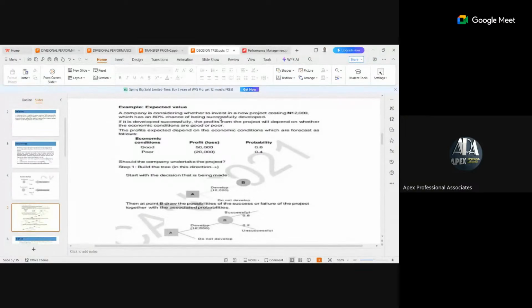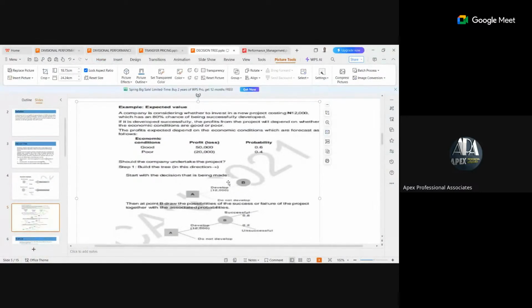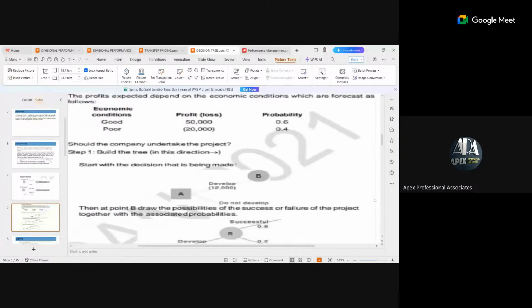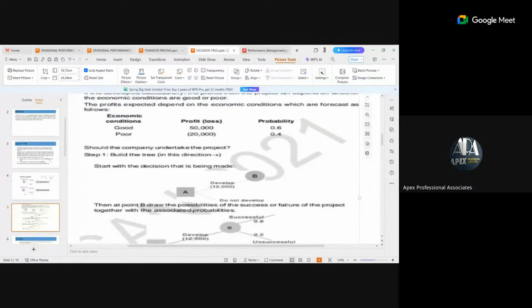So if you go ahead to develop, you have to face another risk. Either the business will be successful or unsuccessful. You can see that the first decision, A, is to develop or not to develop.